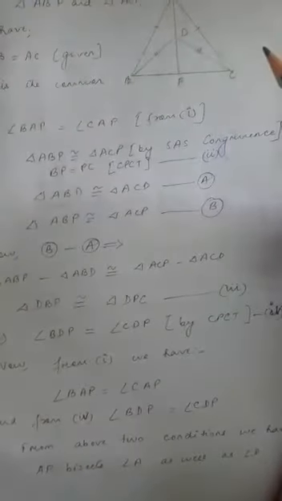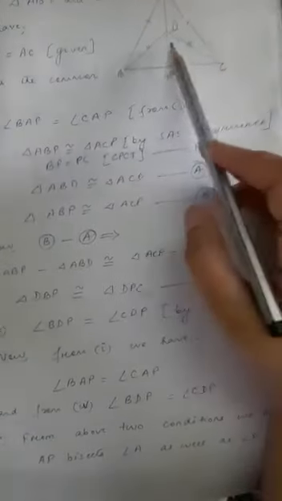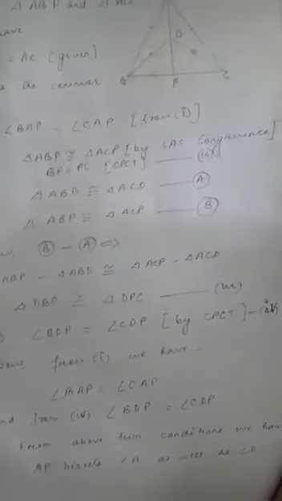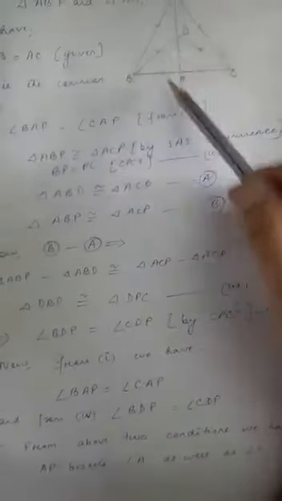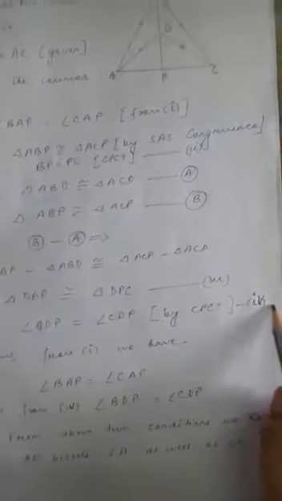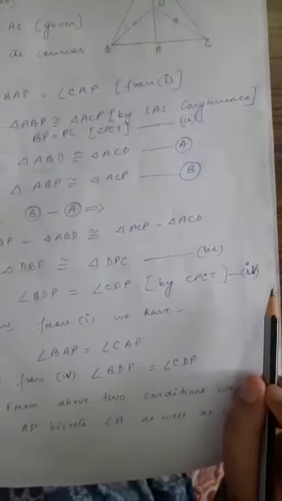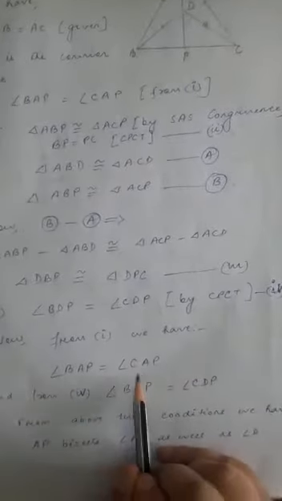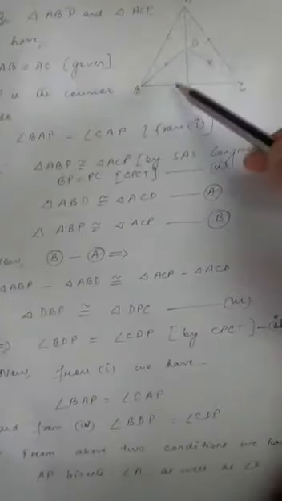Now if these two triangles are congruent to each other, then angle BDP is equal to angle CDP by CPCT. I keep this as equation number 4. Now, from equation 1, I have angle BAP is equal to angle CAP.